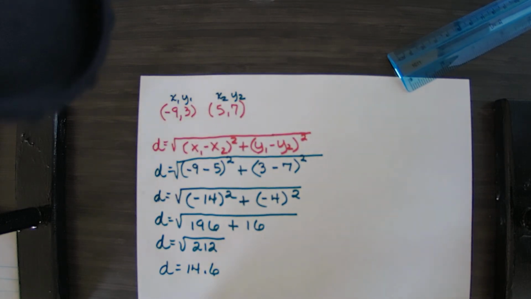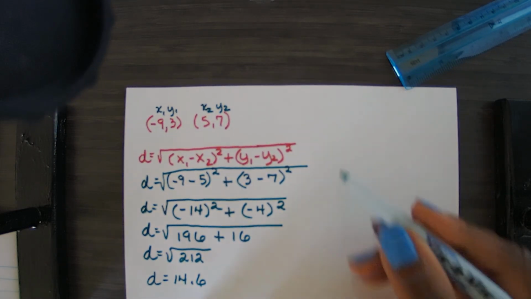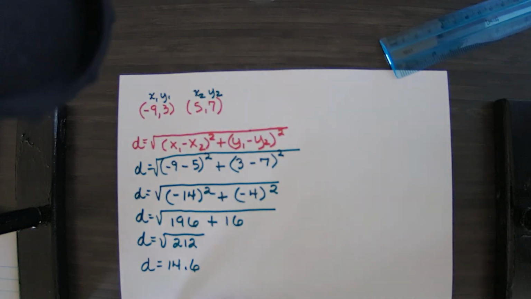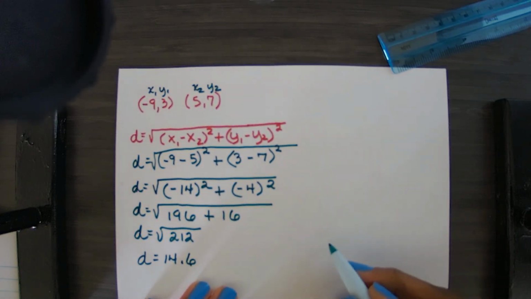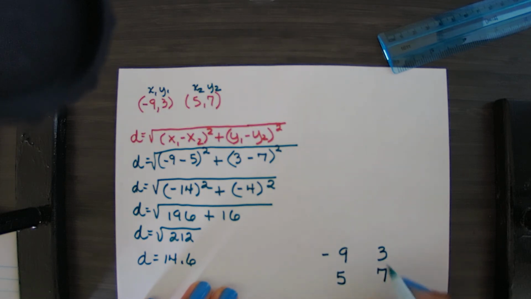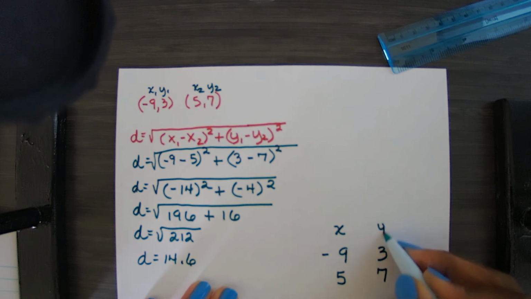Now, let's try with the graphic organizer. On this one, I'm going to take the same 2 points, and I'm going to use the vertical method. Here's my x, and here's my y.